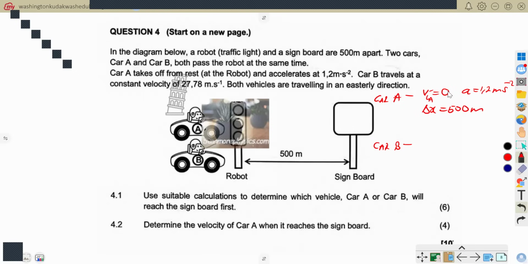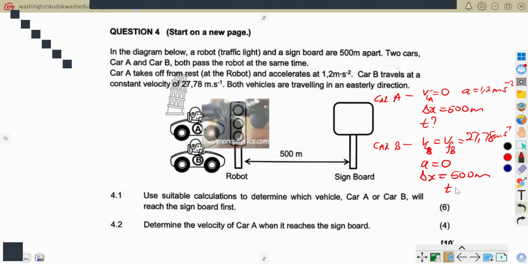That is the information I'm given for car A. For car B, I only have the uniform velocity, or let me say the constant velocity, so initial of car B is equal to final for car B, and they're telling me it's 27.78 meters per second. This tells me that the acceleration here is 0. And the change in displacement is the same, also 500 meters.